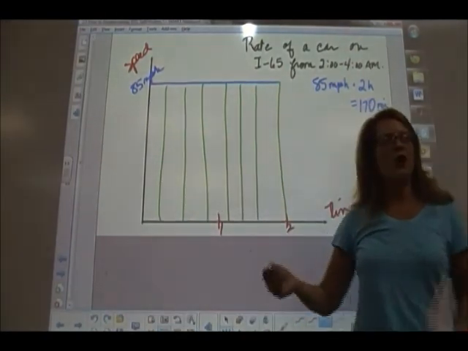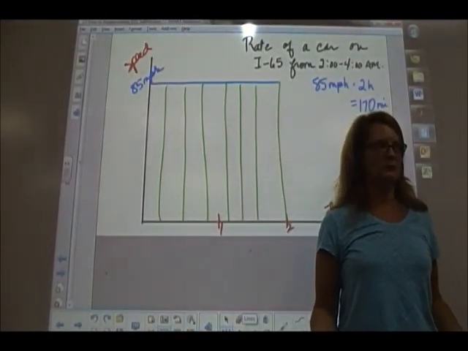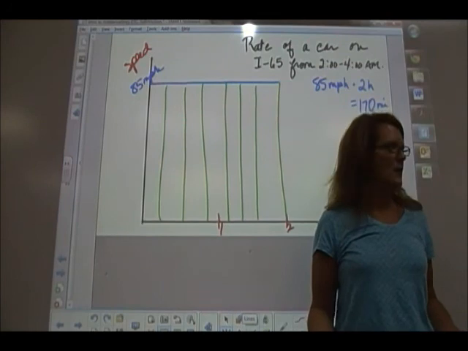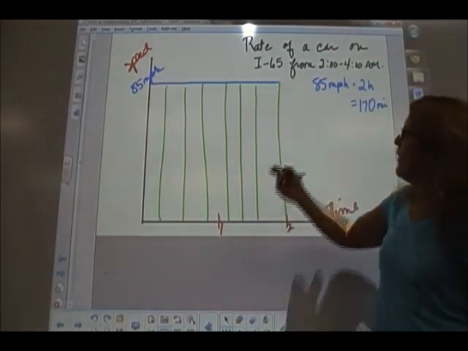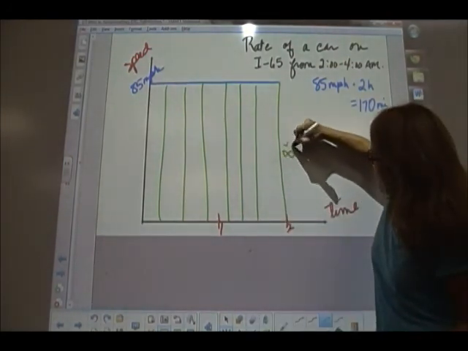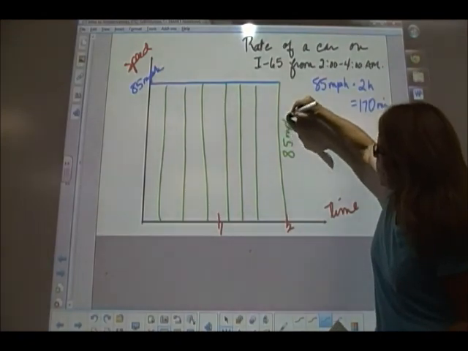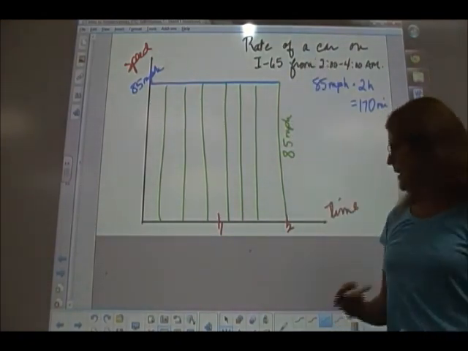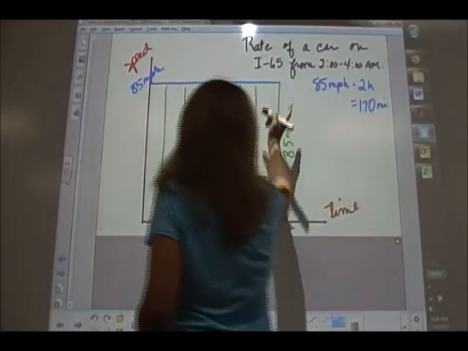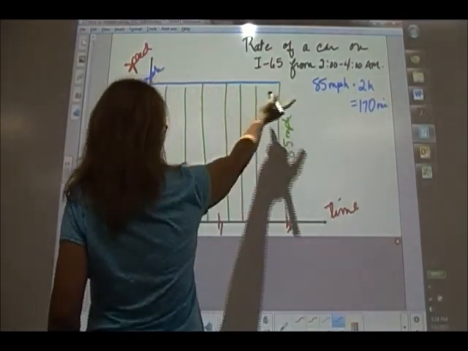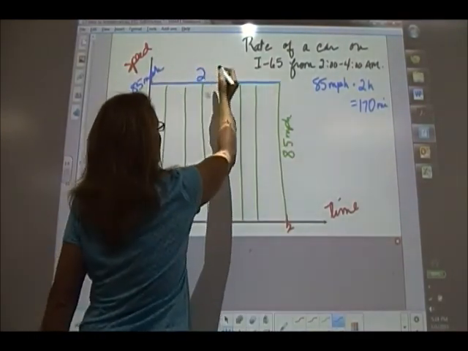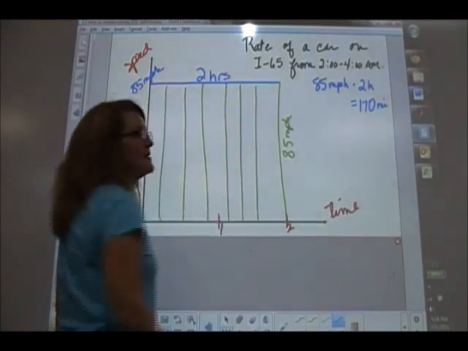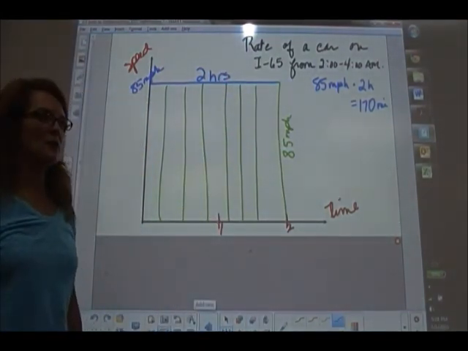And so I've kind of drawn a rectangle, where the 85 miles per hour is my height, and what is my length? 2 hours. Yes, 2 hours.